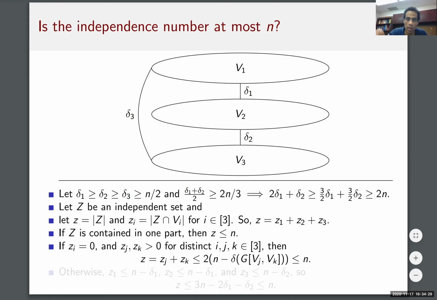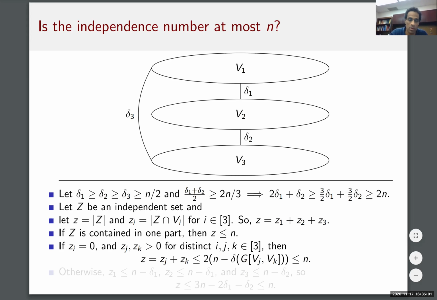What's going on? Well, I've got a vertex from my independent set in V1, and there's a vertex from my independent set in V2. So all of the neighbors of that vertex are not in the independent set. So if I look at the neighborhood here, it's giving me an upper bound on the size of Zj. It has to be less than or equal to n minus the minimum degree between these 2 parts.